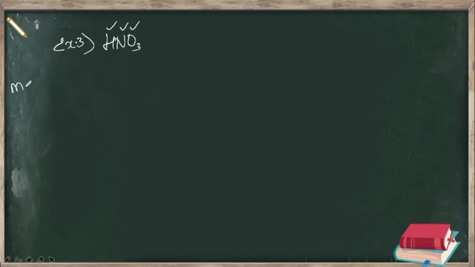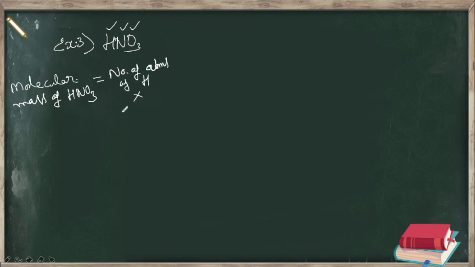So this is the molecular mass of HNO3, that is nitric acid, equals, I need 3 terms, right? So number of atoms of hydrogen into its atomic mass.